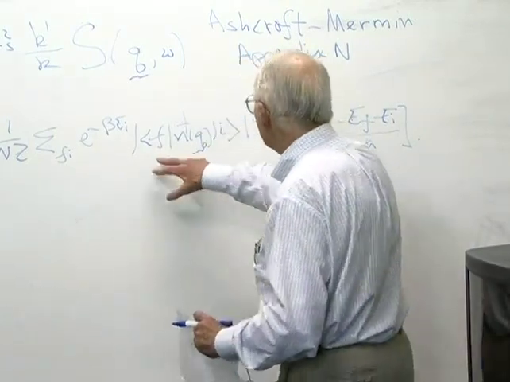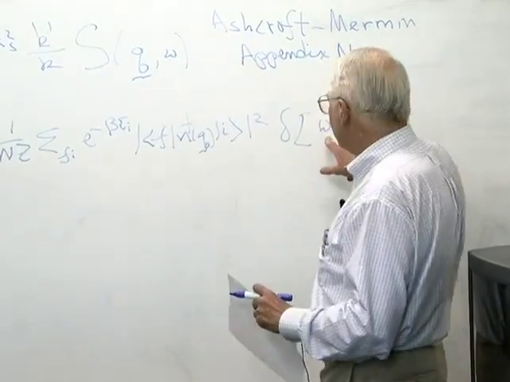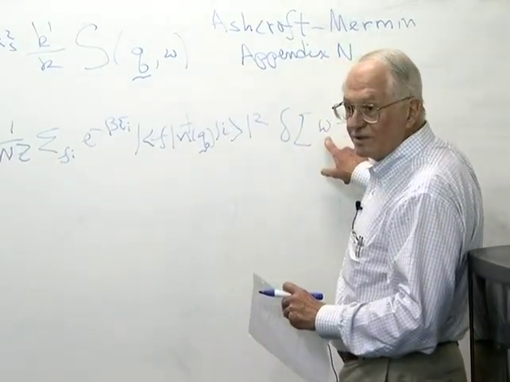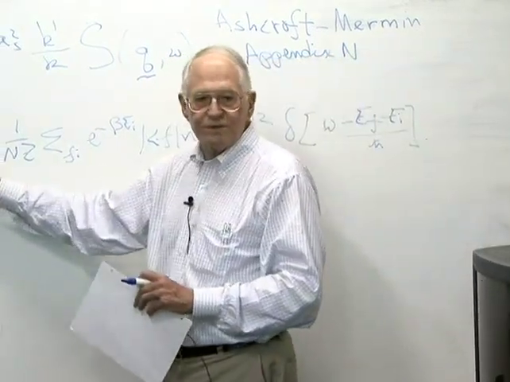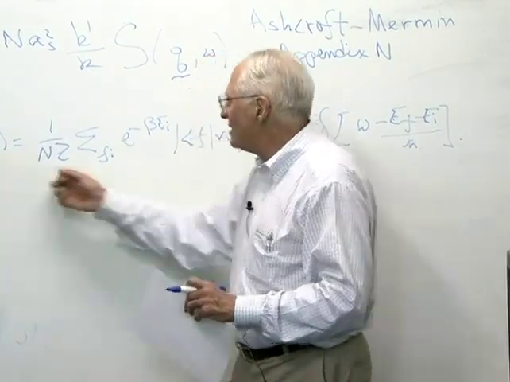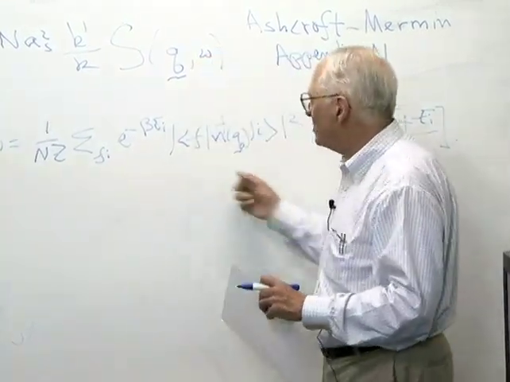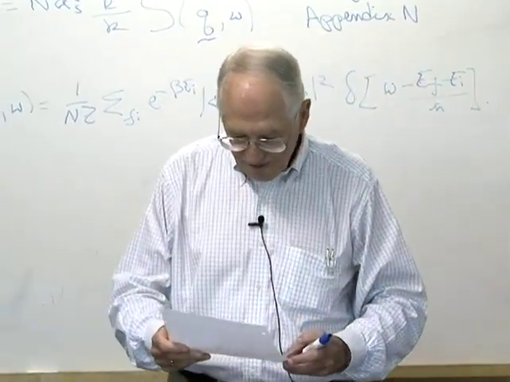So this factor is dimensionless. These are all dimensionless, so the dimensions of S of q and omega is 1 over omega because of the delta function. So this has the dimensions 1 over frequency. And that's just conventional, but this is what you see if you look in all the books.